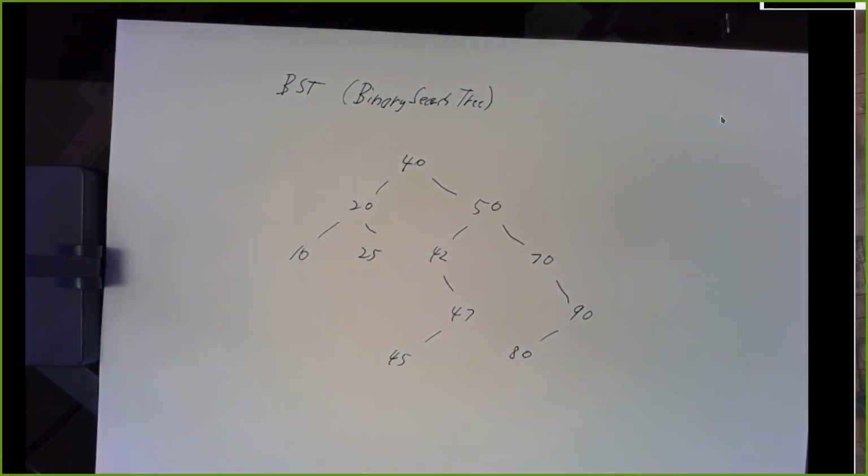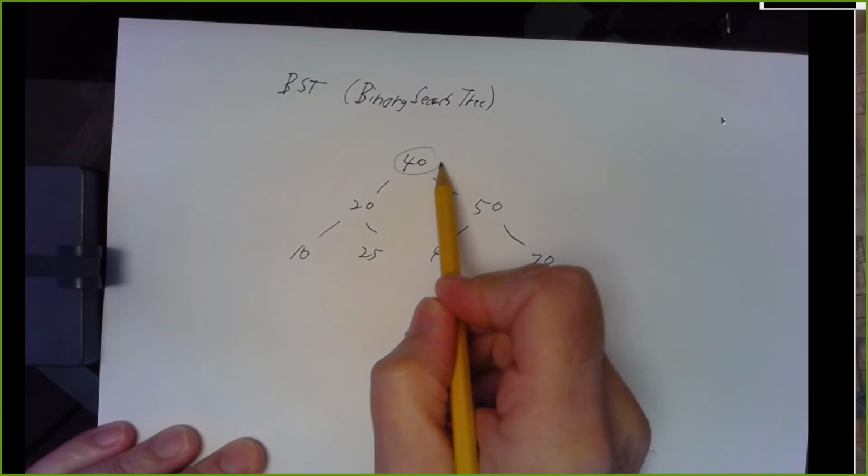So here's a binary search tree. And the root is 40.